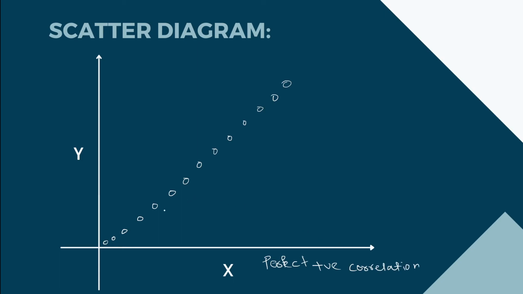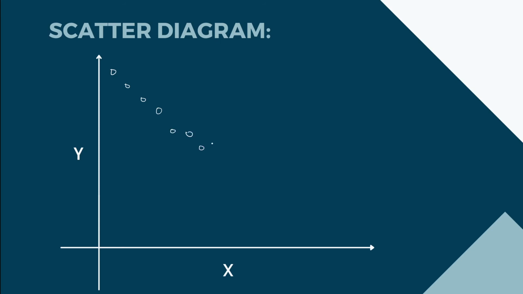If we obtain the trend of points on a straight line which is increasing in nature, then it shows a perfect positive correlation. Similarly, if we get points on a declining line, then it is a perfect negative correlation.